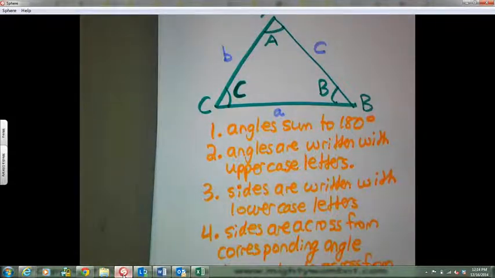Before we get there, what are these formulas? Formulas are the following.